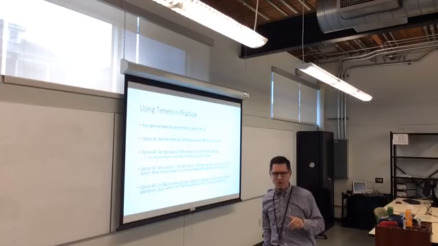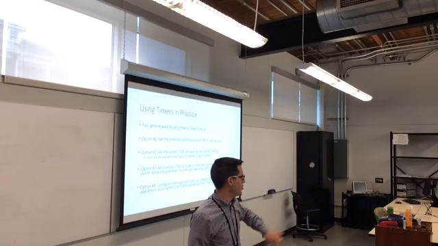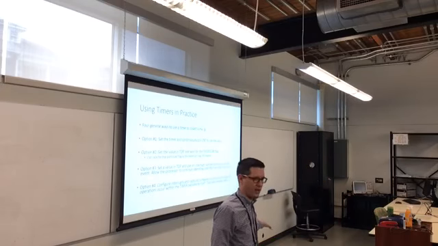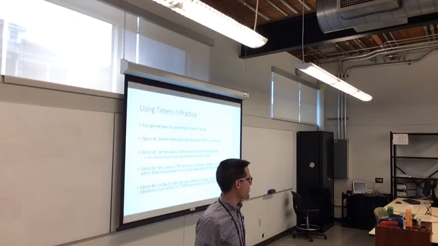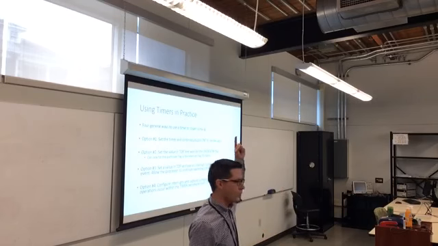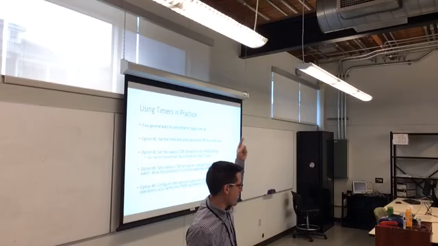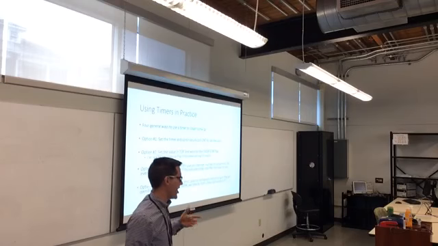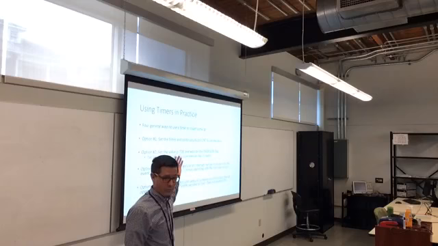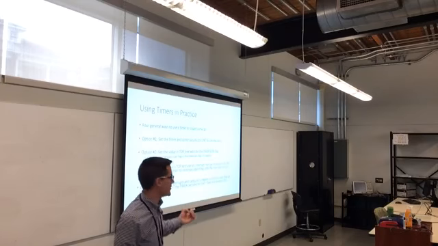The reason that you do this is that your processor can go do other work while the timer's counting, or it can go to sleep. So if the processor's asleep and an interrupt occurs, it wakes back up, handles the interrupt, goes back to sleep. So if all your CPU is doing is turning an LED on and off, it can go to sleep, wait for the interrupt, change the LED, go back to sleep. And it can save a tremendous amount of power.